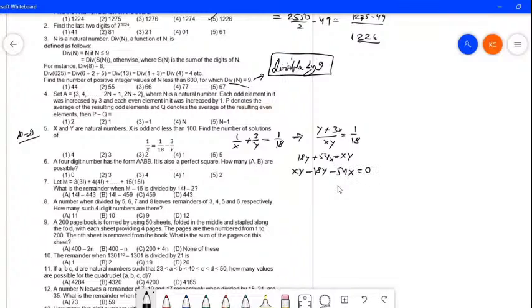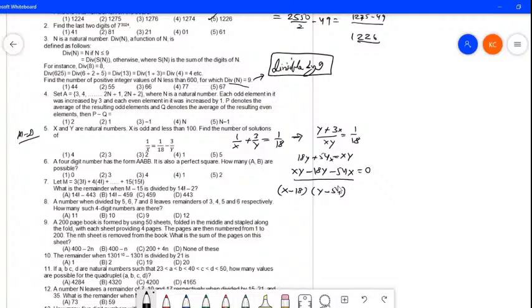Now this expression, if you see, we cannot split, we cannot find its factors directly. But if we write this as x minus 18 and y minus 54, then what we have is x into y minus 18y minus 54x, but what we don't have is 18 into 54.